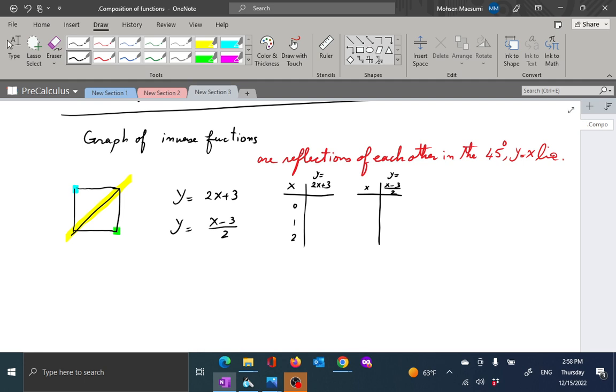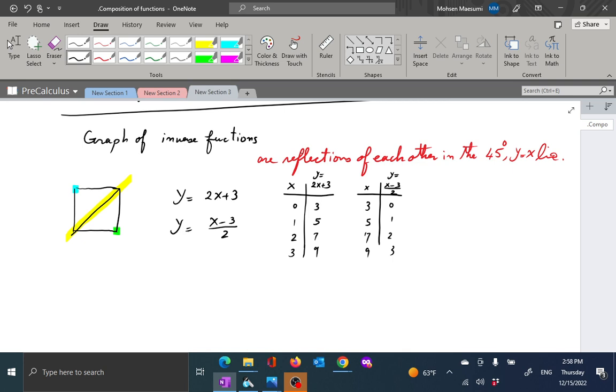0, 1, 2, 3. I don't need all of these. Let's get 3, 5, 7, and 9. The easiest way we said to think about an inverse function is to take your original table and flip it, so it becomes 3, 5, 7, 9 going in, and out come 0, 1, 2, 3.